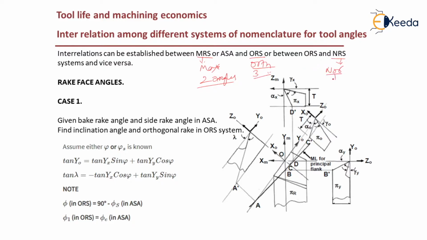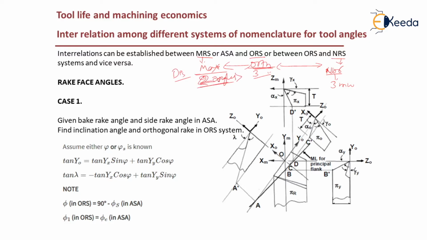In NRS also we need three mutually perpendicular angles, in which we use a plane other than the orthogonal plane. But there is a relationship among all these different systems. As I mentioned in the video on MRS, a disadvantage of MRS is that it cannot directly measure the angles, that is these two angles.